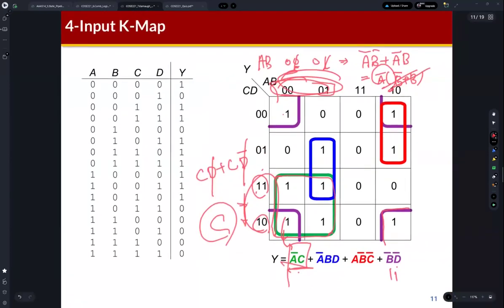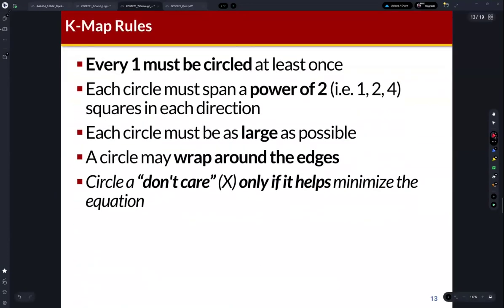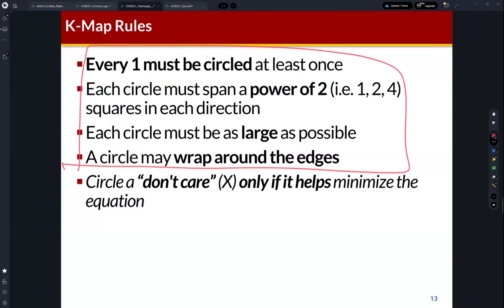Okay, so this is the Karnaugh map. And then you can also use the don't care. These are the rules we learned about the Karnaugh map, and then you can also find the additional rule: circle or don't care is X. As I mentioned, we can use X to represent don't care in the Karnaugh map or truth table, right? And only if it helps. So don't care means that the output can be 0 or 1.